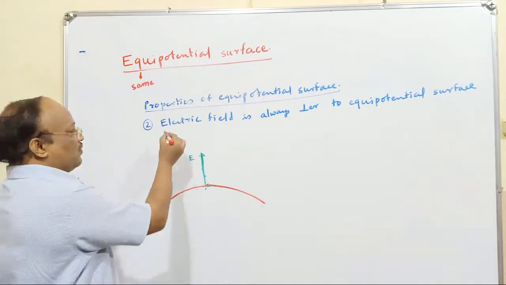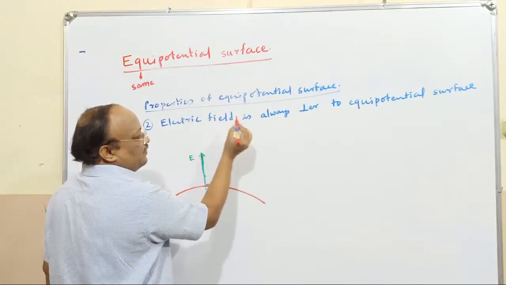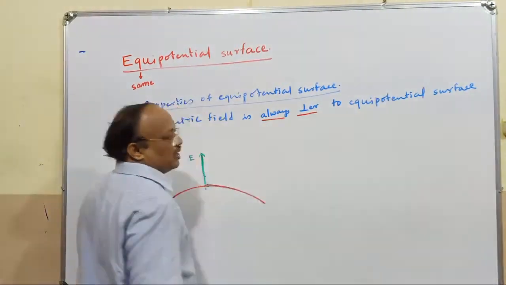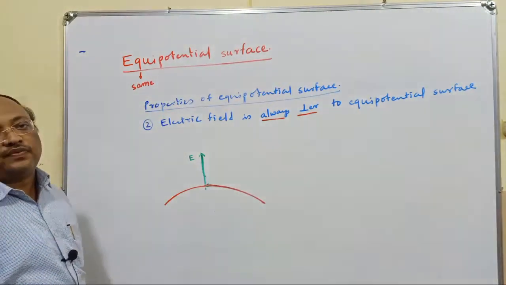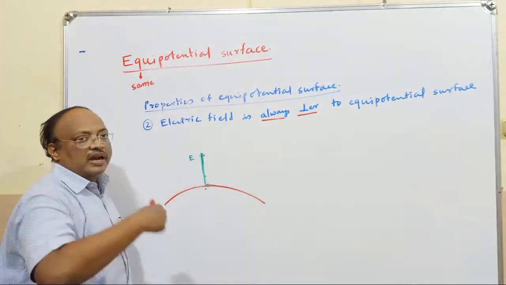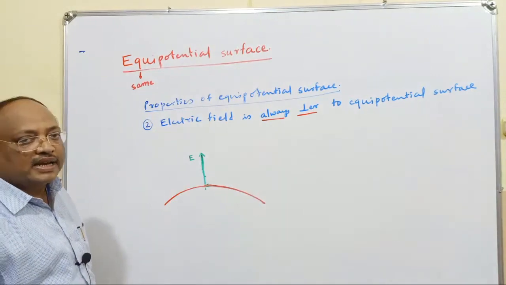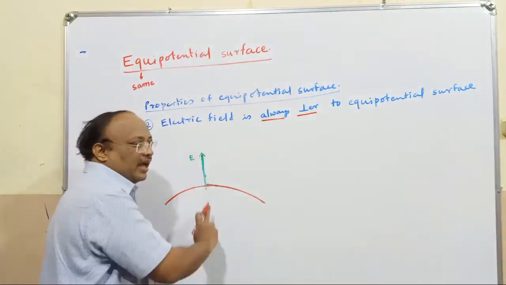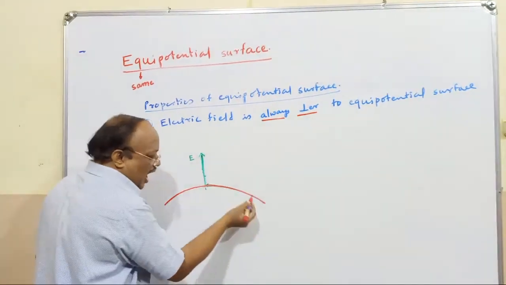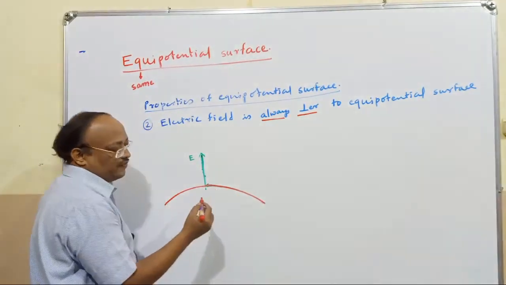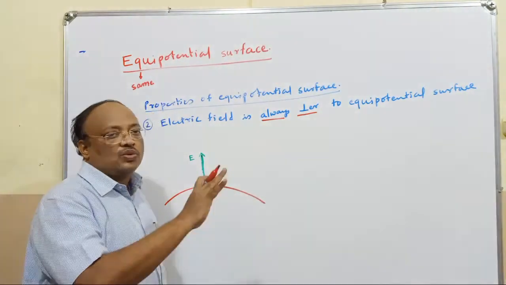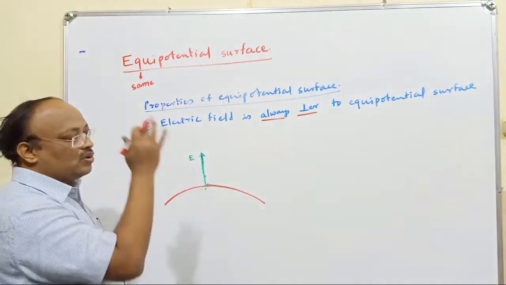So what we have proved is that the electric field is always perpendicular to the equipotential surface. In another way, electric lines of force and equipotential surfaces are always perpendicular to one another.